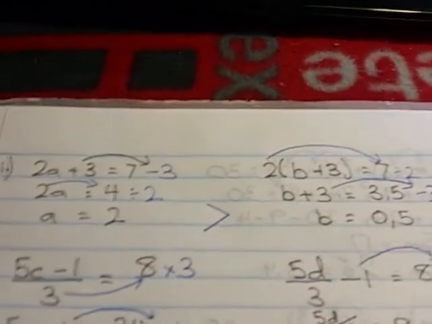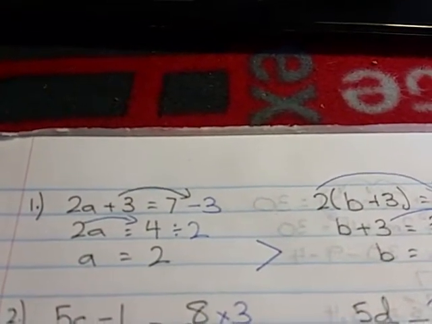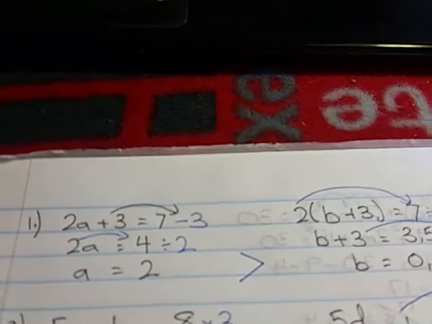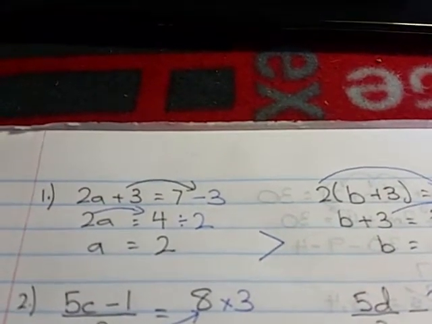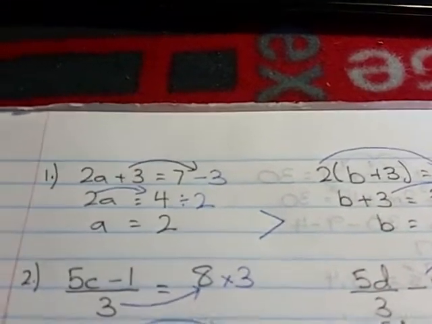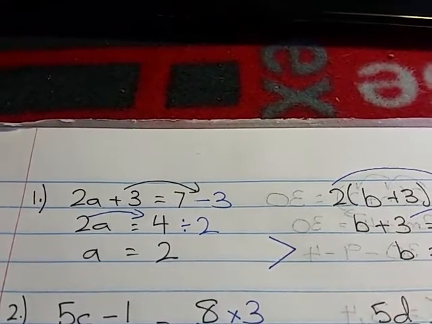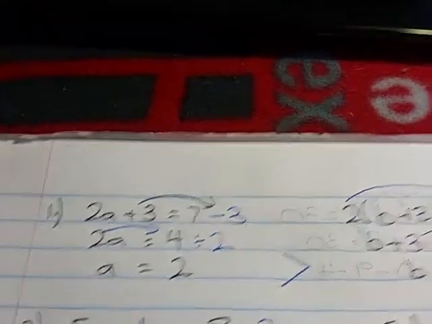So, the first one, we have 2a. I'm going to, by the way, go at my normal speed because by now you should already have your own answers. So, 2a plus 3 equals 7. The 3 goes across, turning it into a minus 3. So that's going to be 2a equals 4, and then the 2 goes across, becoming a divide by 2, a equals 2.